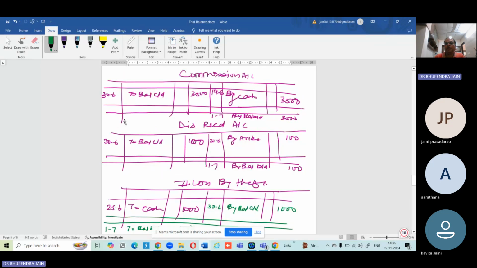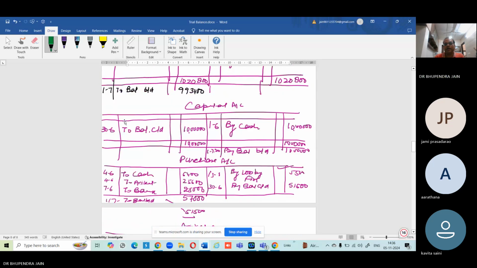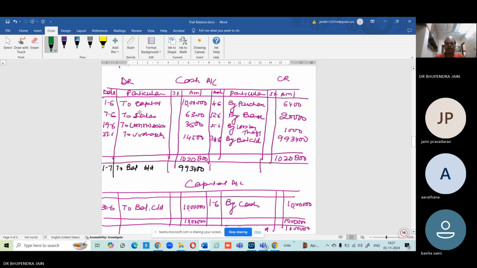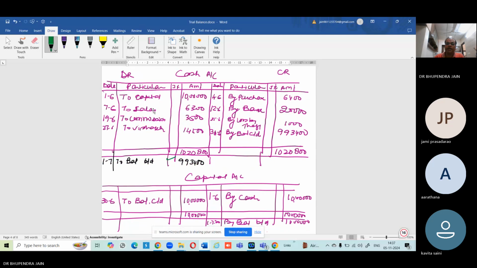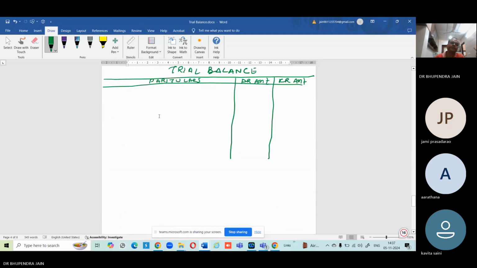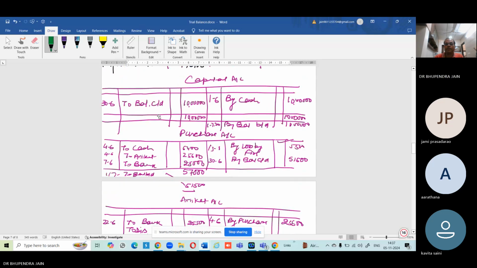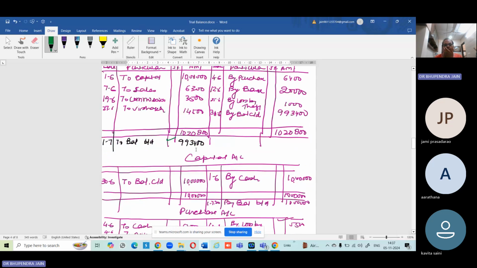Check the balance one by one of all the ledgers. So now the first account is the cash account, and the cash balance is debit 9,93,400. Then it is transferred to the debit side in the trial balance, in particulars cash, 9,93,400.